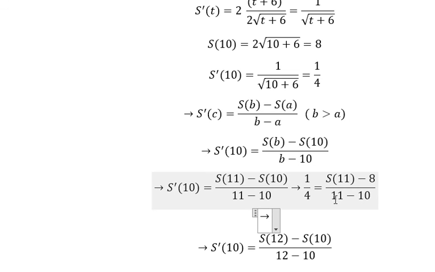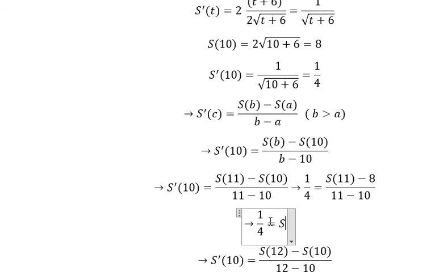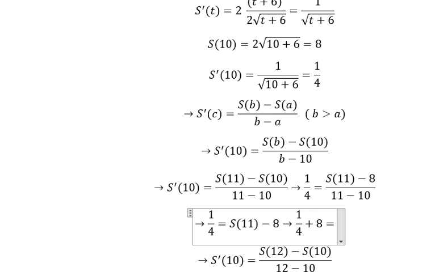So 11 minus 10, we have number 1. So we can put like this. I will put negative 8 to the left. And this one, we have 33/4.